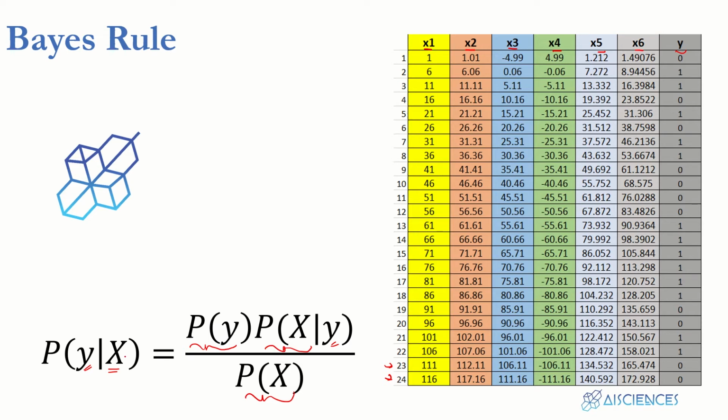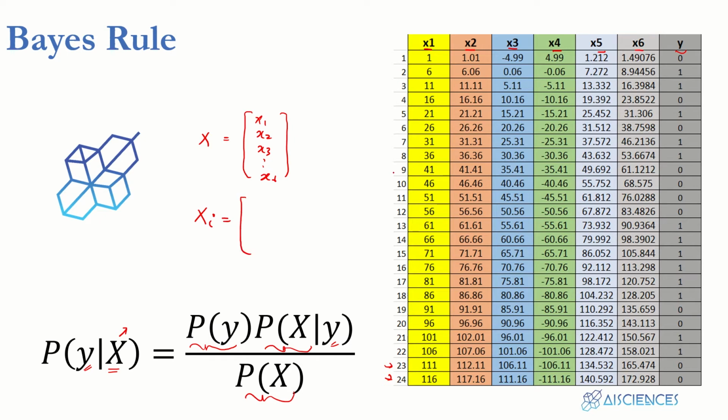So that's the Bayes rule, and what it says is the following. If we describe x as a vector of these features, x1, x2, x3, up to x6, a particular sample can be described as follows.